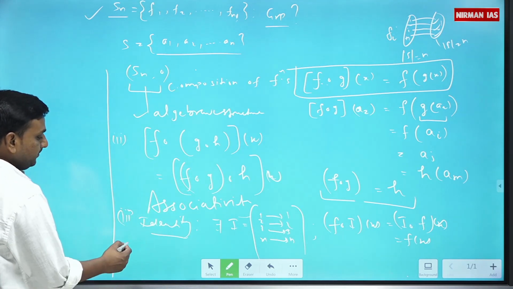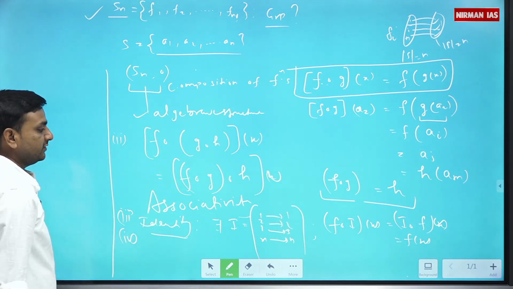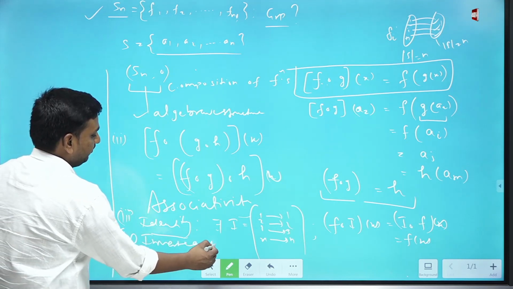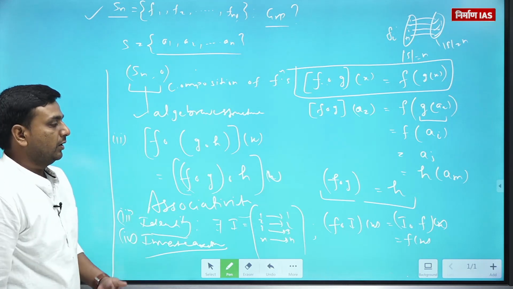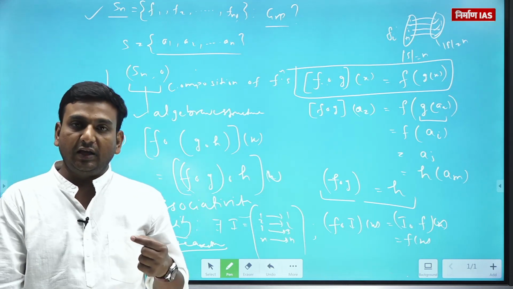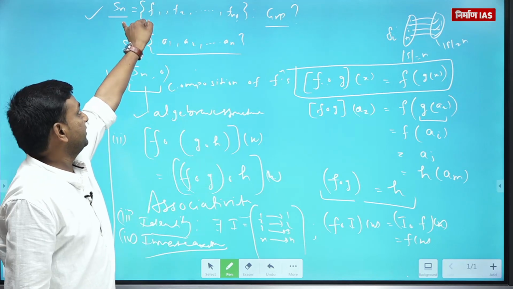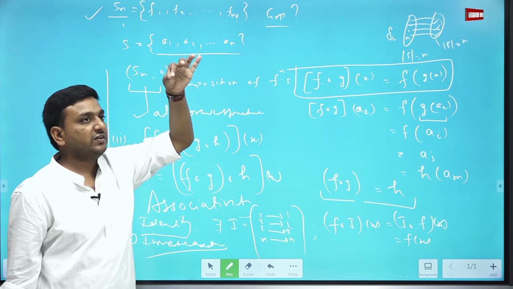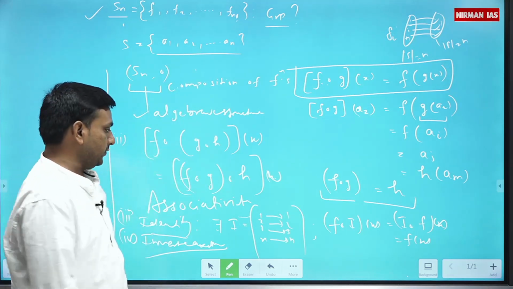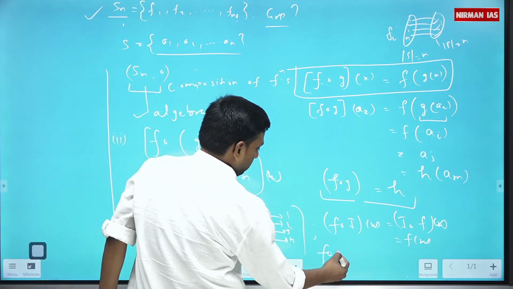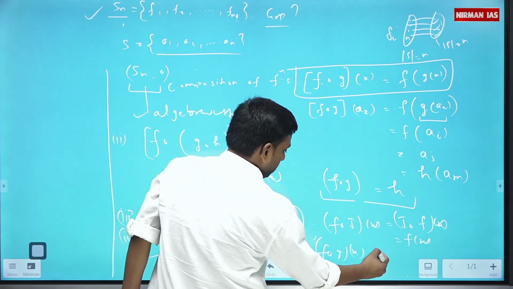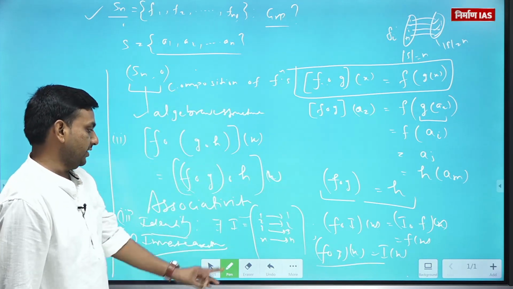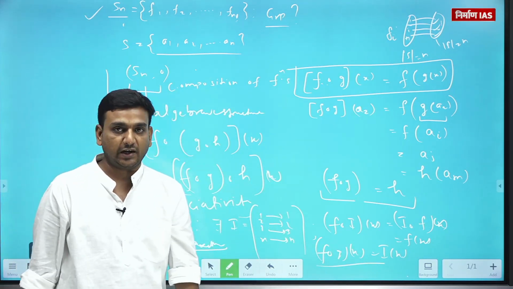So identity is done. After this, you can talk about the inverse axiom. It means for each element of this set, there exists some element in this set only, such that if you compose those, you get the identity function. Is that clear to you all?